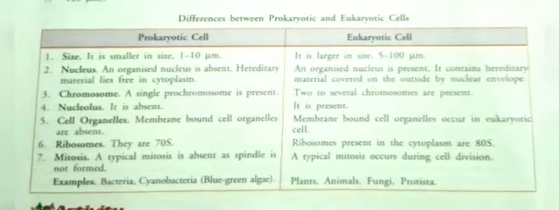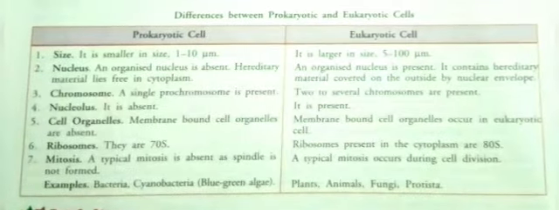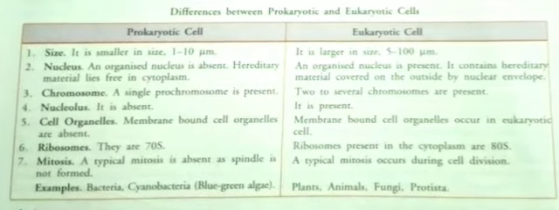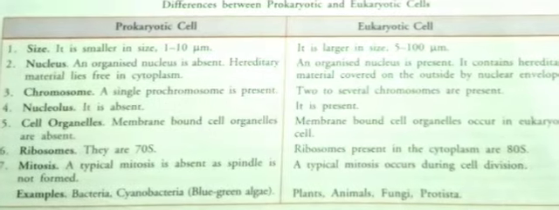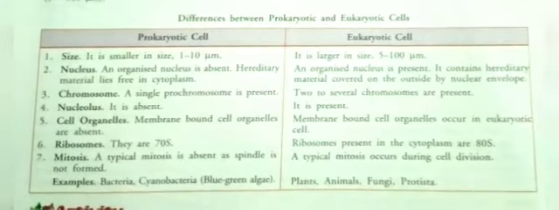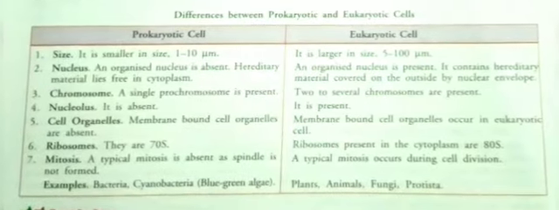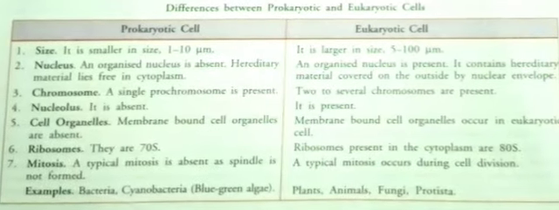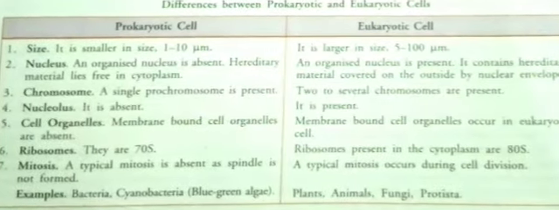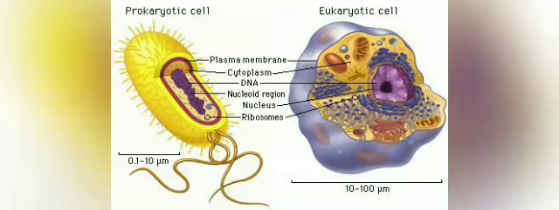Typical mitosis is absent as spindle is not formed in prokaryotic cells, but typical mitosis occurs during cell division in eukaryotic cells. Examples of prokaryotic cells are bacteria and cyanobacteria, that is blue-green algae. Plants, animals, fungi and protista are eukaryotic cells.